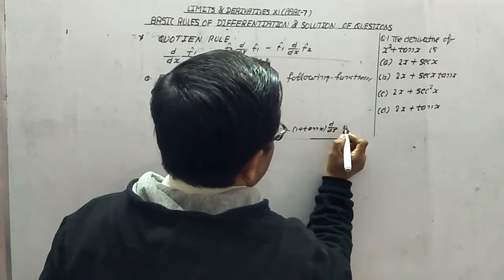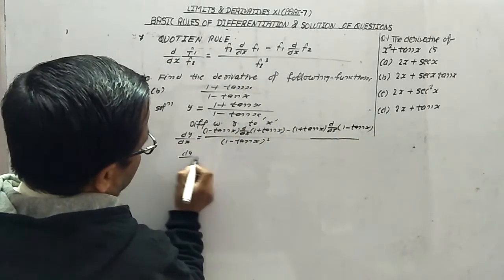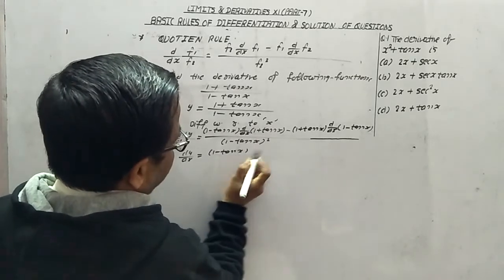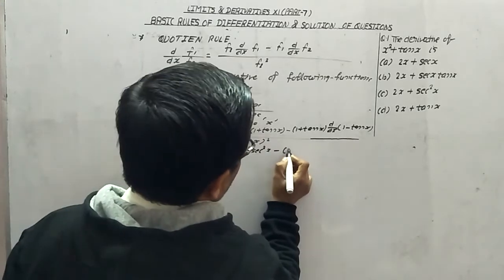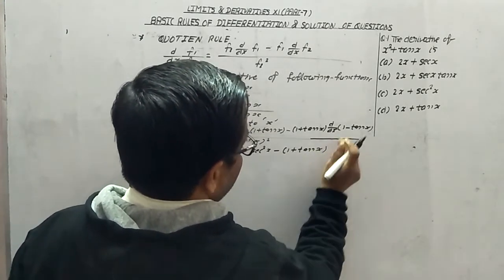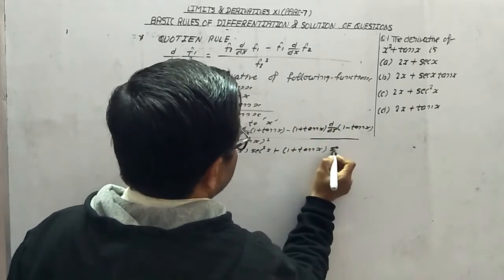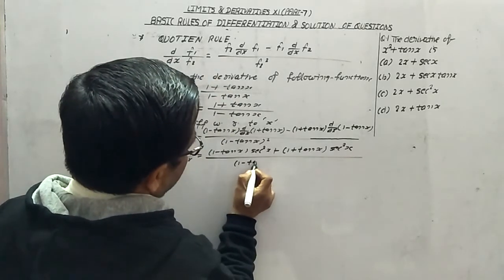Now dy by dx is equal to 1 minus tan x as it is. What is the differentiation of 1? 0. What is the differentiation of tan x? Sec square x. Minus 1 plus tan x as it is. What is the differentiation of 1? 0. What is the differentiation of minus tan x? Minus sec square x. It means this becomes sec square x, and in the denominator we have 1 minus tan x whole square.